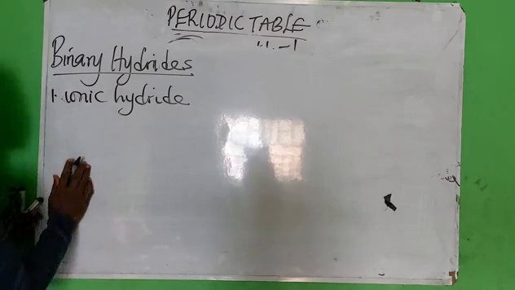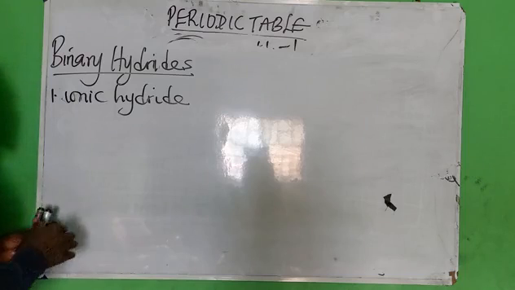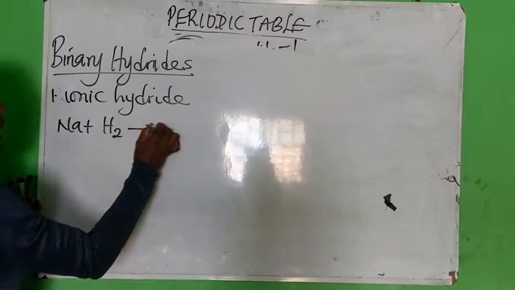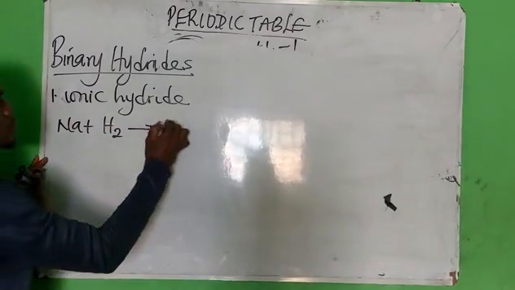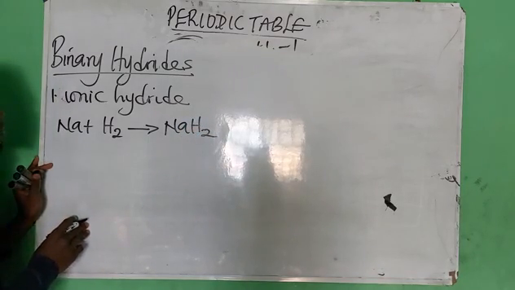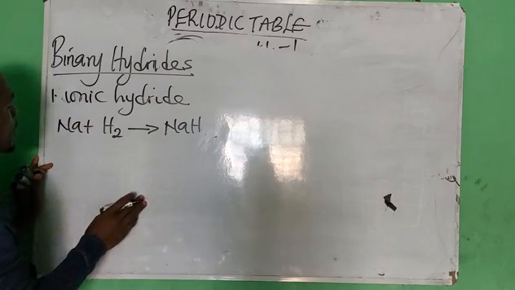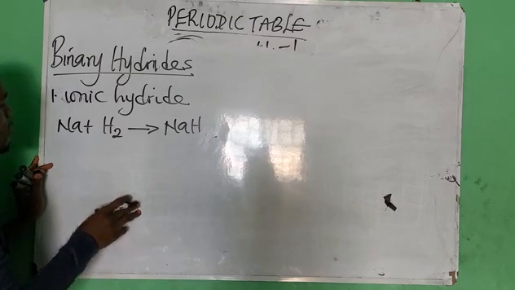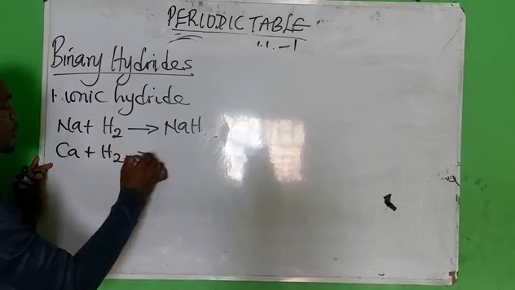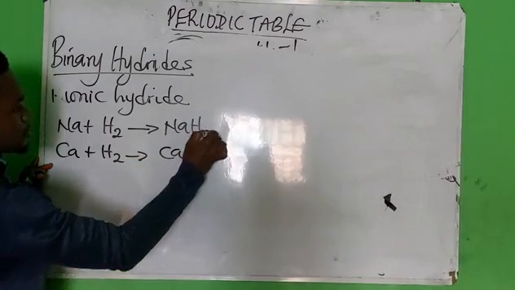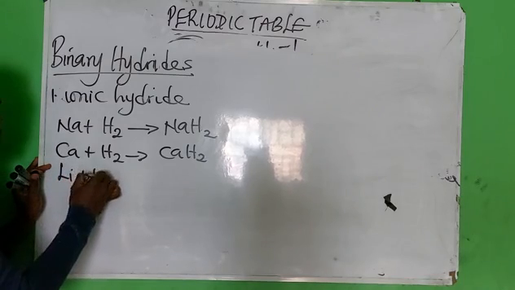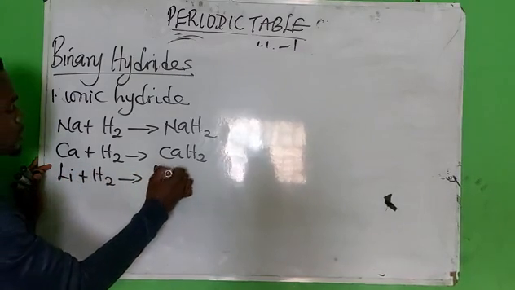If sodium reacts with hydrogen gas, I will have sodium hydride. Calcium can also react with hydrogen to produce calcium hydride. Lithium can also react with hydrogen to produce lithium hydride.